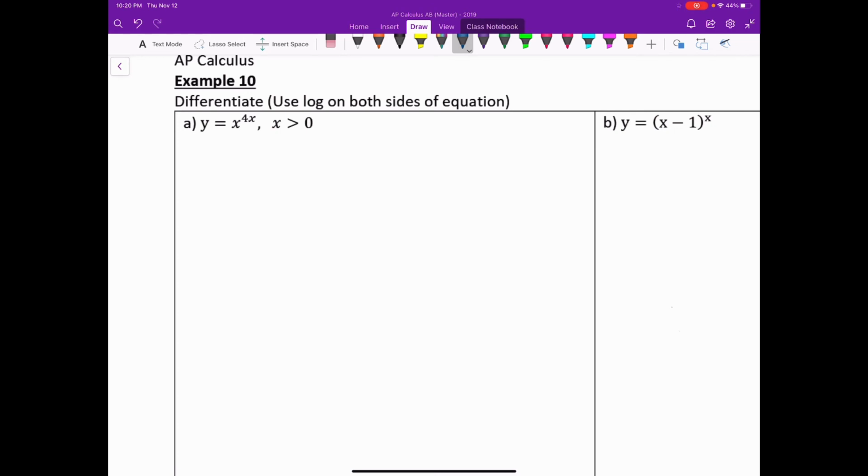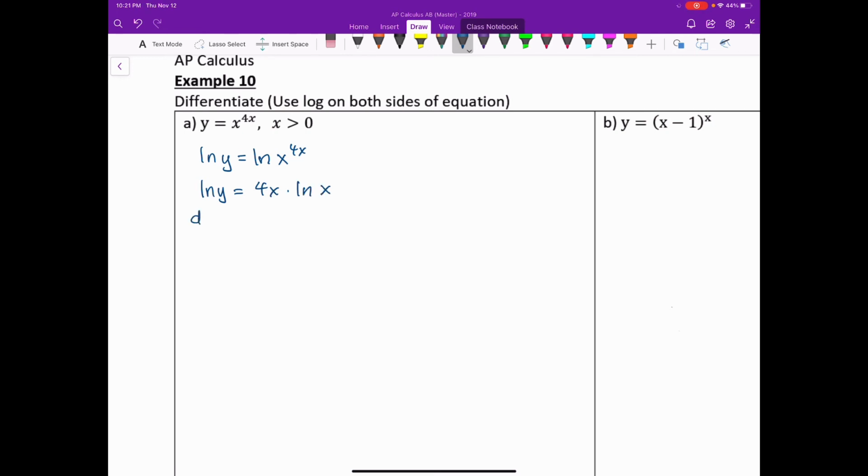So the only way we can address this is to take the natural log of both sides. That's the safest way to do this. So for x to the 4x, I'm going to use properties of logarithms by moving the 4x out in front, times the natural log of x.